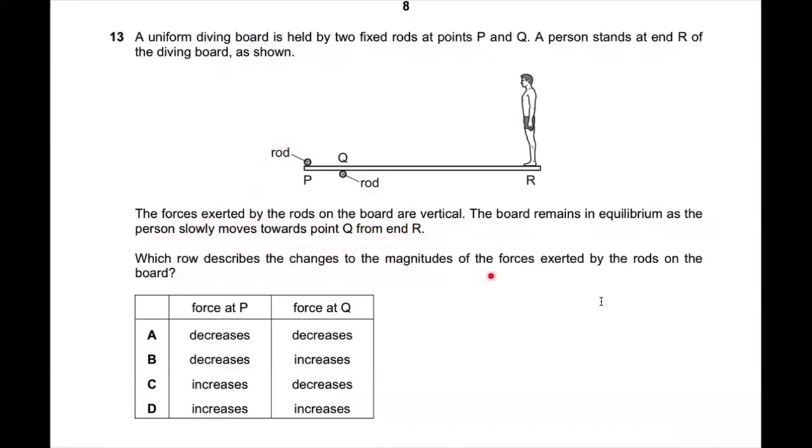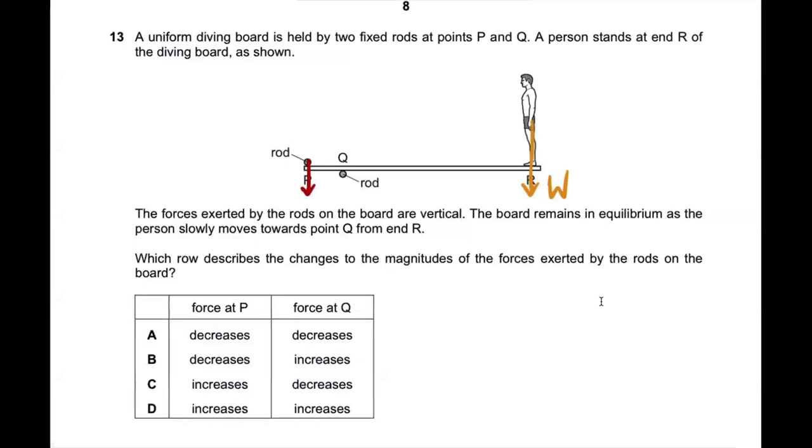Which row describes the changes to the magnitudes of force exerted by the rods on the board? Just by looking at this, let's talk about this in terms of moments. If this is his weight, you can see that if I look either about P or about Q, he's producing a clockwise moment like this, right? Now, the rod at this end wants to go like this, so the force exerted at P on the rod is in this direction.